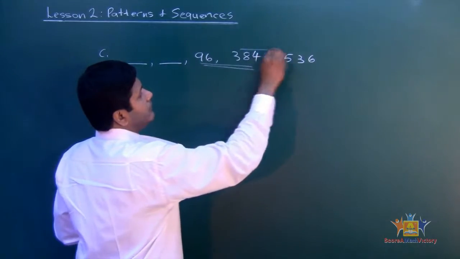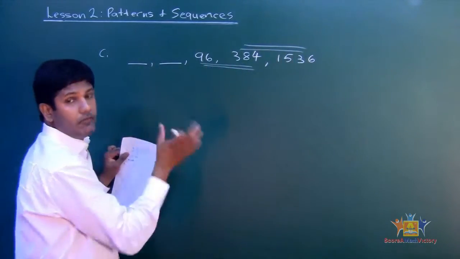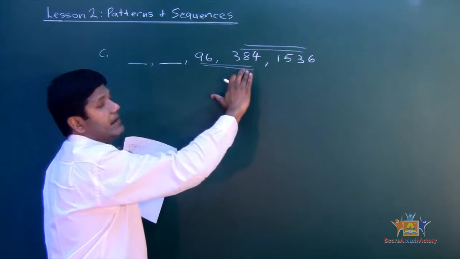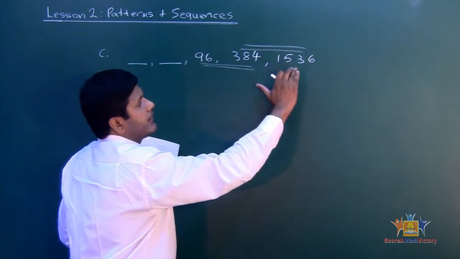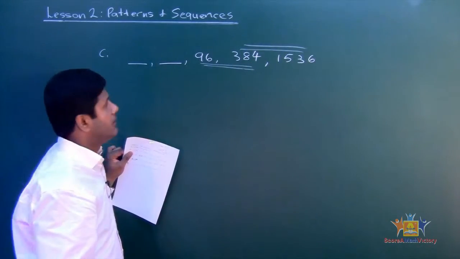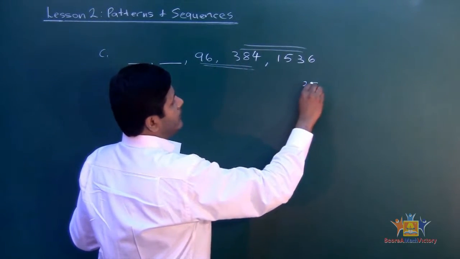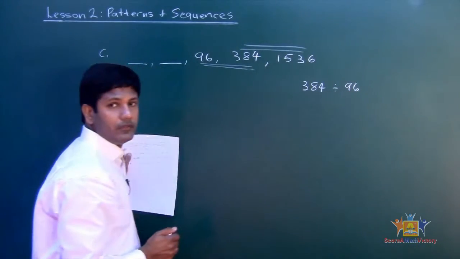Okay, so if it's multiplication, again we use the same principle. Find two numbers with the pair. If it's going to be multiplication, what do we do? Take the second number divided by the first number, which should equal this set. So let's take these two. We can take 384 and divide that by 96.